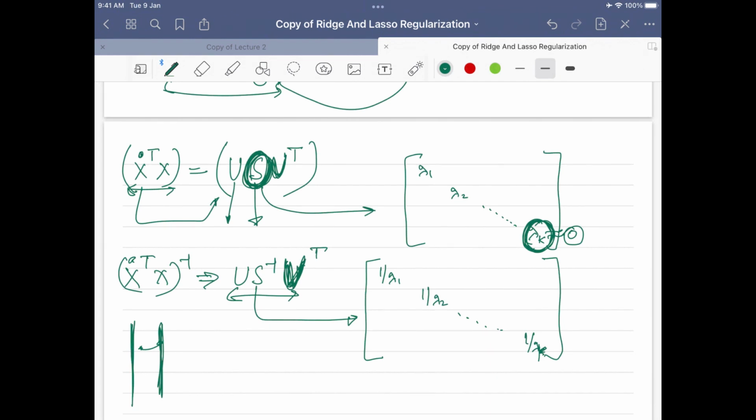If an eigenvalue is 0, then once you take the inversion of this matrix, X transpose X inverse, some of these values will become 1 by 0, and 1 by 0 means infinity. Because of this problem, you will have infinity as one of the elements, so this particular matrix is not invertible and it will create problems.